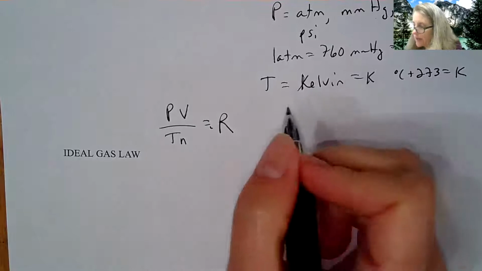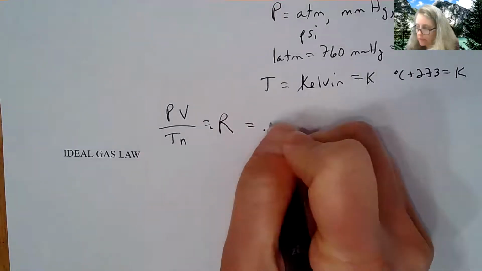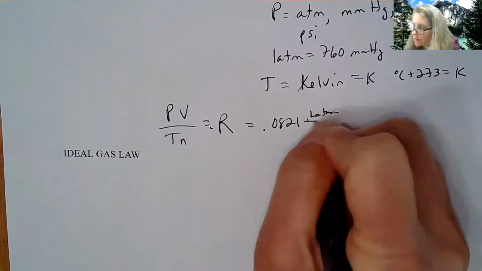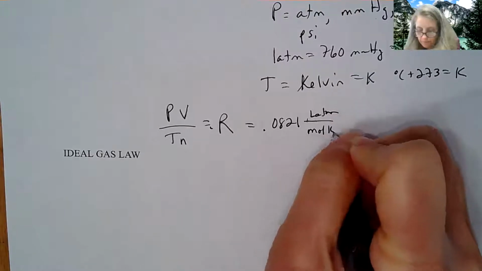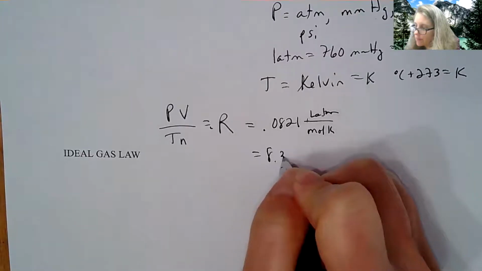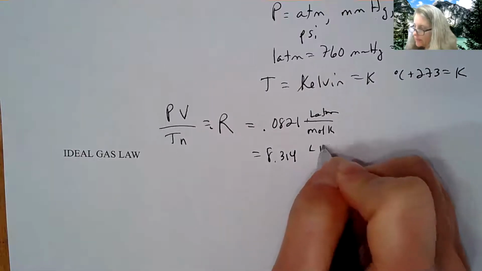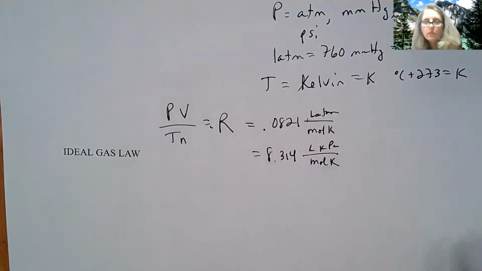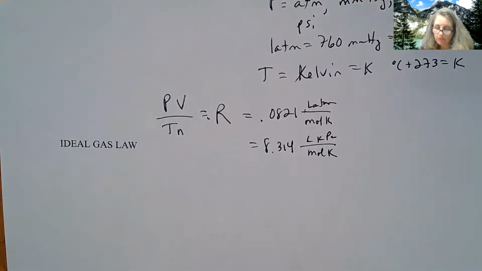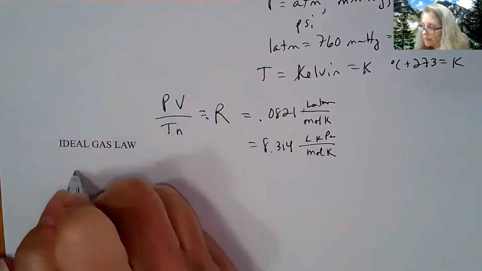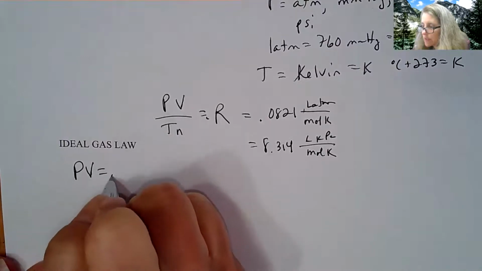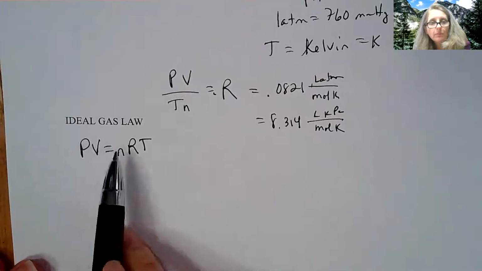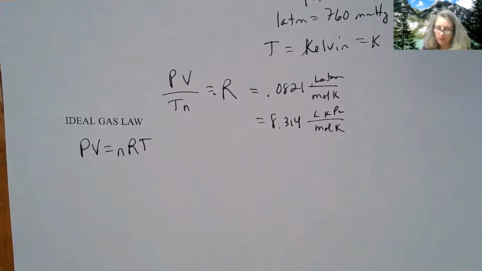So this R value is 0.0821 liter atmosphere per mole Kelvin, or you will see it as 8.314 liter kPa per mole Kelvin. This is how you usually write the ideal gas law: PV equals nRT. PV equals nRT. So I call it PIVNRT, an easy way to remember it.